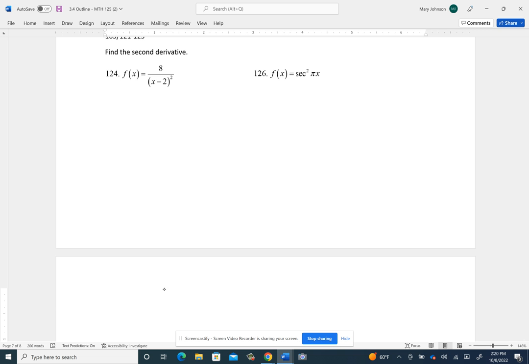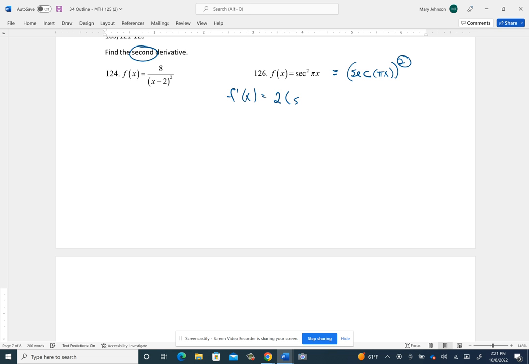This one said second derivative, but we start by just doing the first derivative. I think it does help for you to see it carefully. So this is the same as secant of pi x, all raised to the second power. You have x being multiplied by pi, then you're doing secant, then you're squaring. So when you do the derivative, you deal with the squaring first.